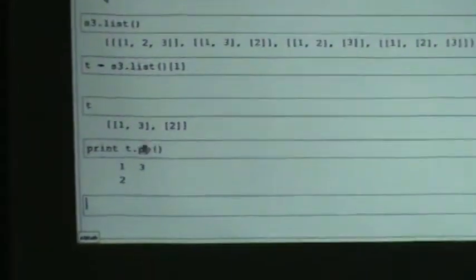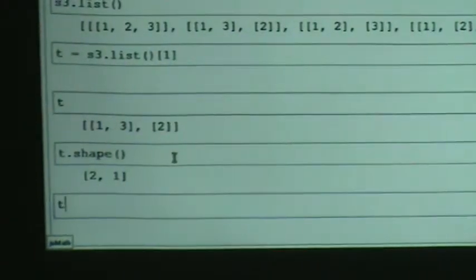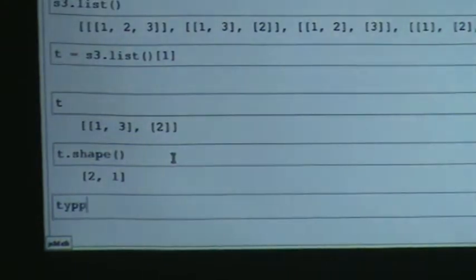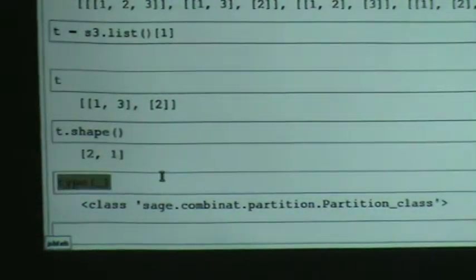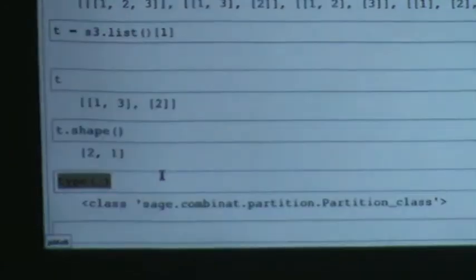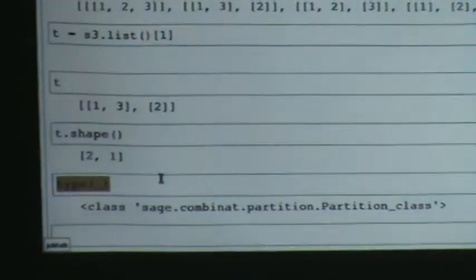Okay, so I could get a pretty ASCII representation of that Tableau, or I could ask what its shape is. I get 2, 1, and I look at what the type of that shape is. Well, it's a partition. Does that mean that's the only definition of the function shape in the whole Sage package? Or does it somehow know it should be in standard Tableau so it knows certain commands?